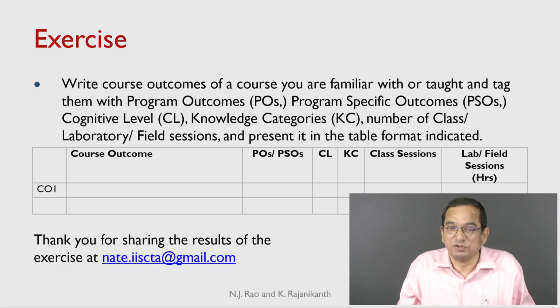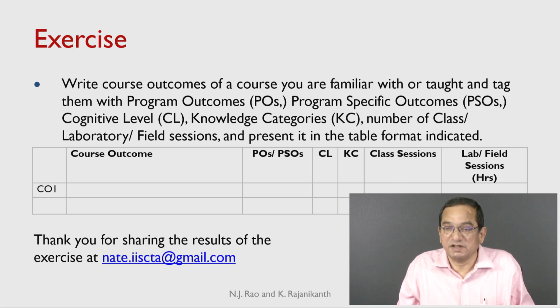Once again, please note that POs are program outcomes, PSOs are program specific outcomes, CL is cognitive level, R for remember, U for understand and so on. Remember, understand, apply, analyze, evaluate and create. So R, U for understand, AP for apply, AN for analyze, E for evaluate and C for create.